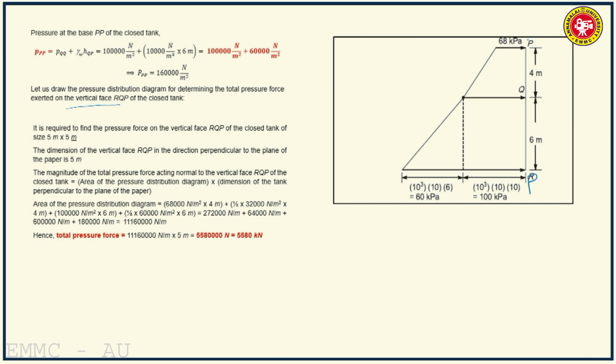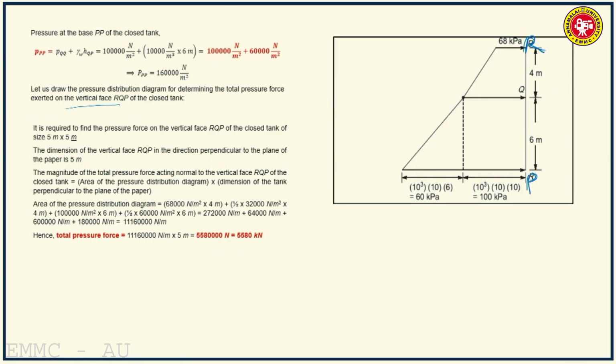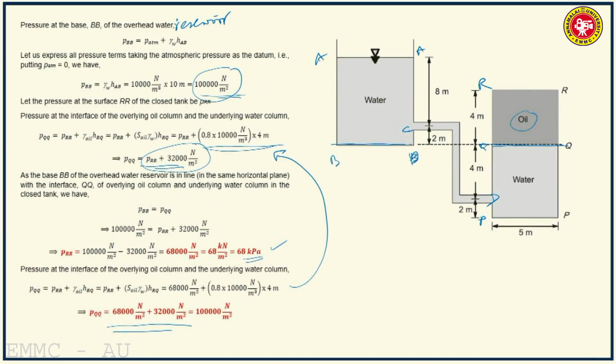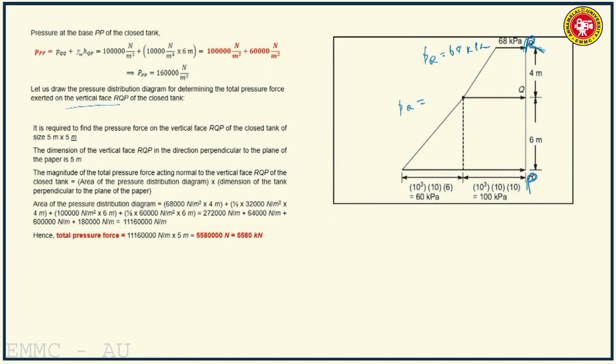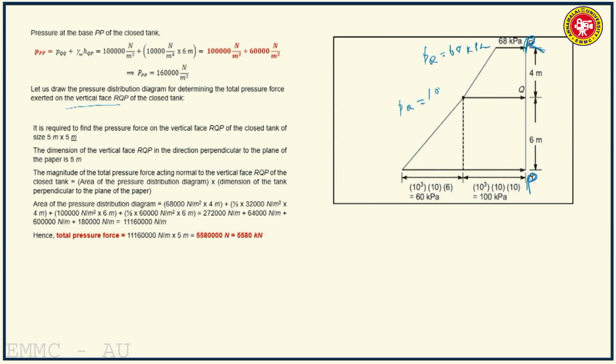This is P and this is R. So this is PR. PR is equal to 68 kilopascals. PQ is equal to 100 kilopascals.